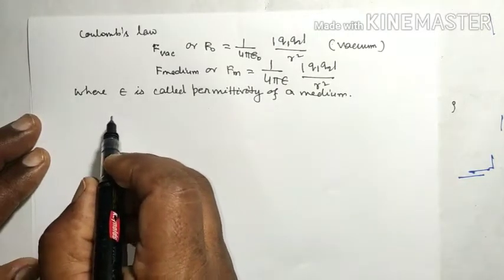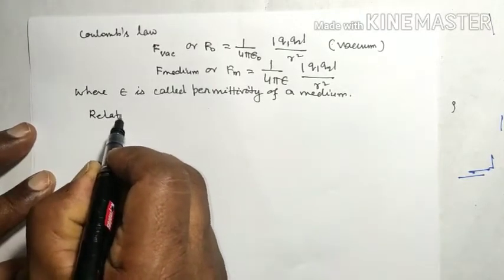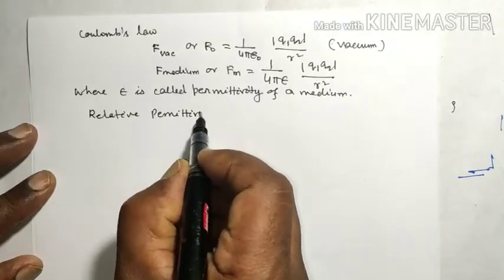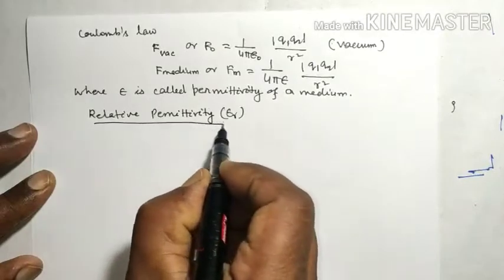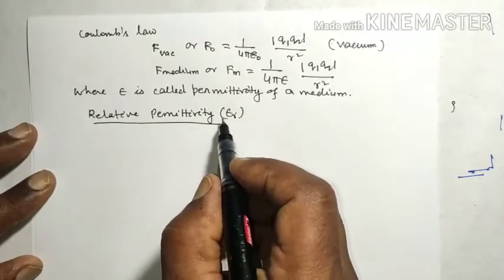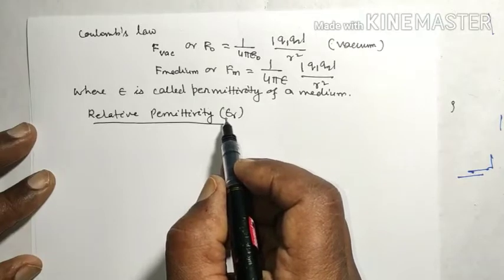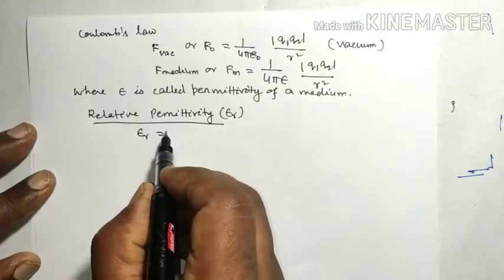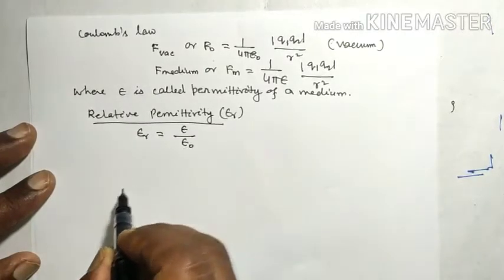Let us introduce a quantity that is called relative permittivity, epsilon r. We compare the permittivity of a medium with respect to the permittivity of free space. Epsilon r is the ratio between the permittivity of the medium to the permittivity of free space.